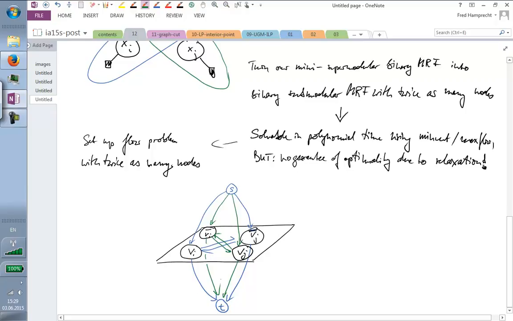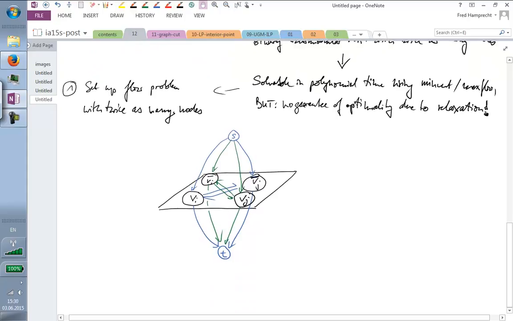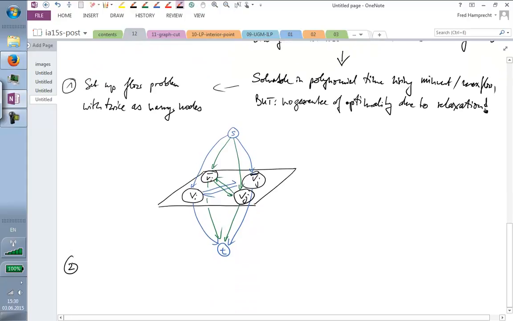There we go. Okay, now we can solve this graph cut problem. So we've set up this flow problem with twice as many nodes. And now secondly, we find the max flow min cut solution.